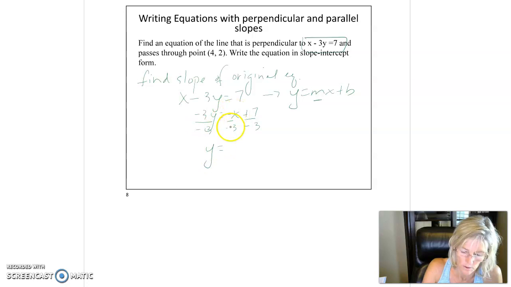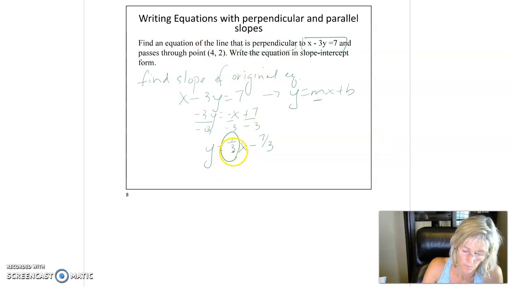y equals, this is a positive, a negative divided by a negative, so this is 1/3 x. Negative divided by a positive is a negative 7/3. So the slope of the line that I'm trying to be perpendicular to is 1/3. So my new line should have slope, not parallel, what is this one? We're doing perpendicular.